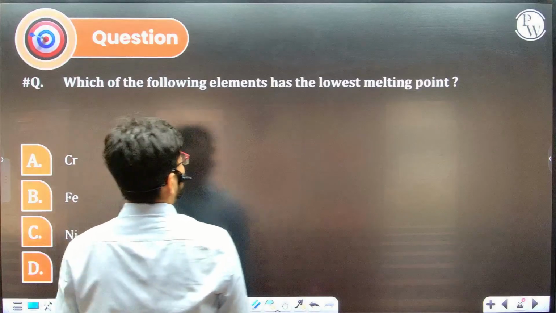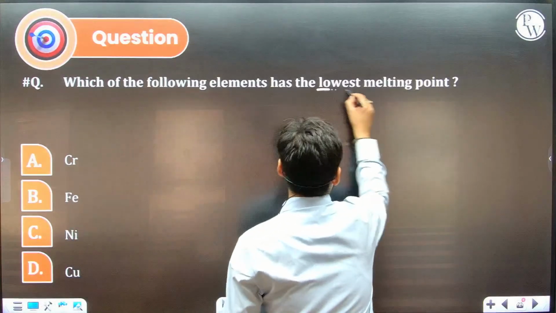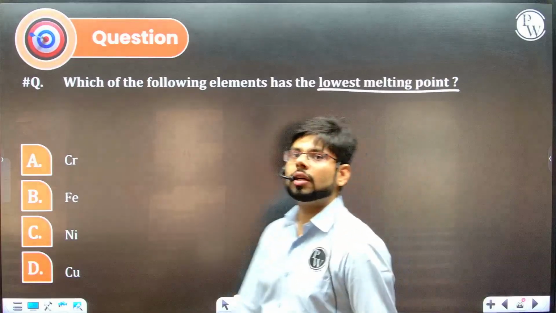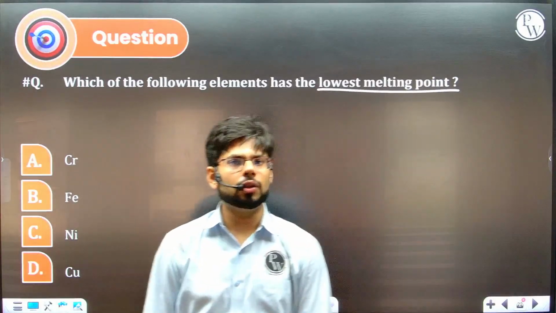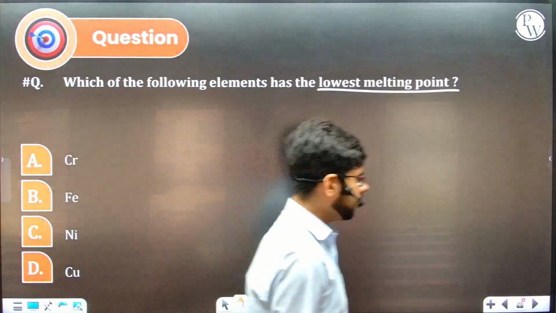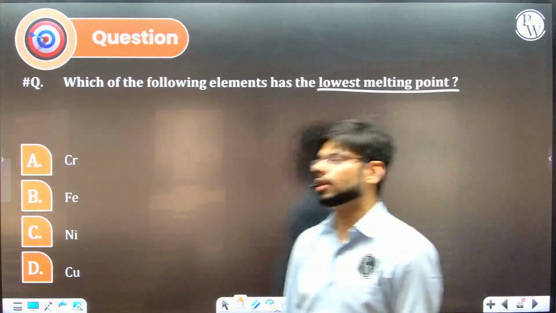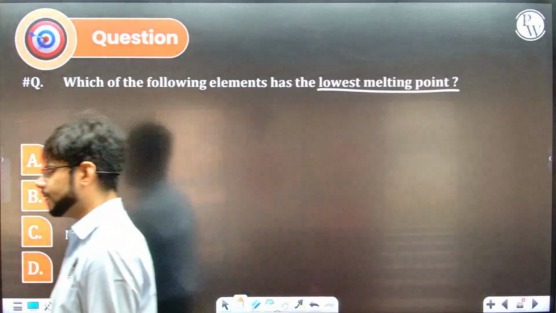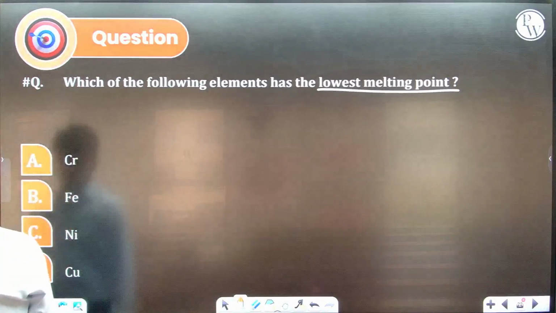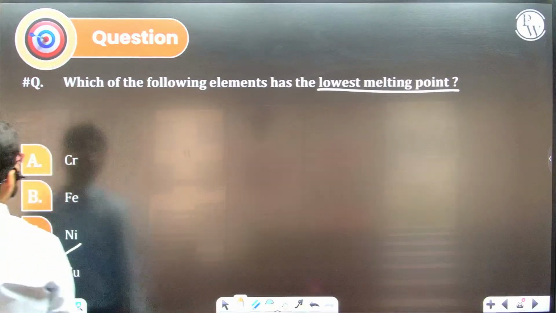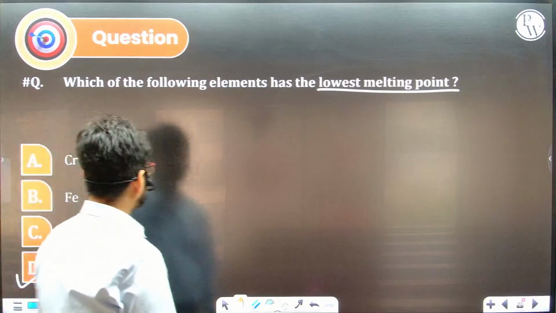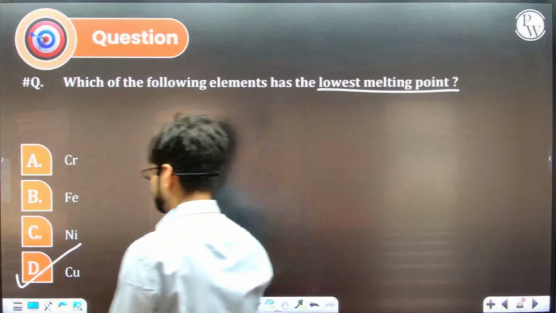So which has the lowest melting point? Again I am repeating, we don't have to memorize the values of melting points and boiling points and other things. Values are not required, but orders are necessary. So copper is the correct answer. Copper has the lowest melting point out of these.